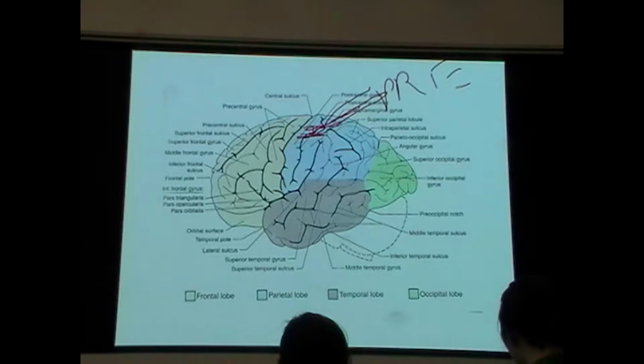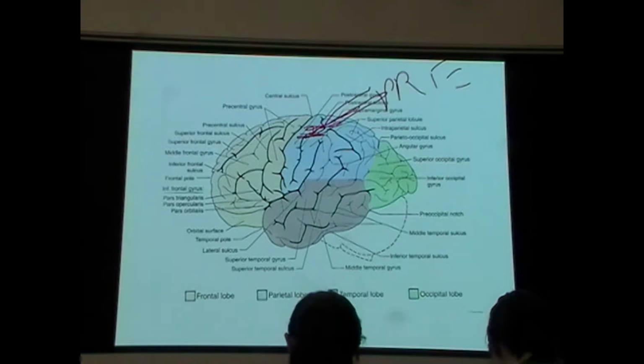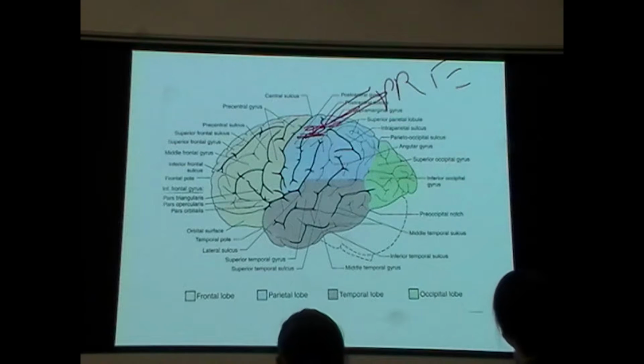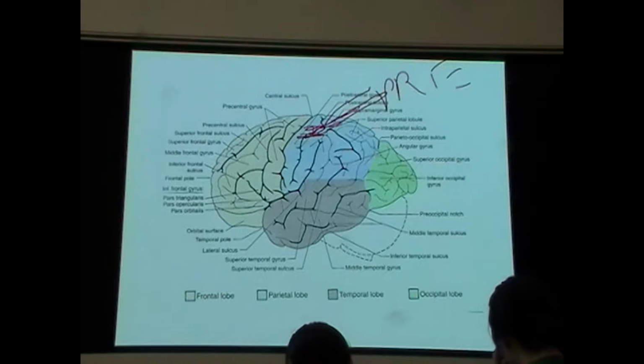That's the postcentral gyrus, the primary somatosensory cortex. And you see these other areas: four of the five cerebral lobes, the frontal lobe, the parietal lobe, the occipital lobe, and the temporal lobe in this particular illustration.